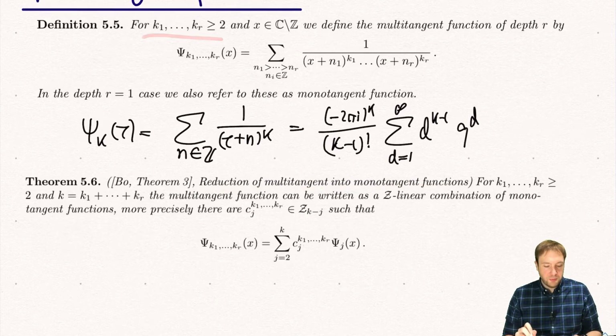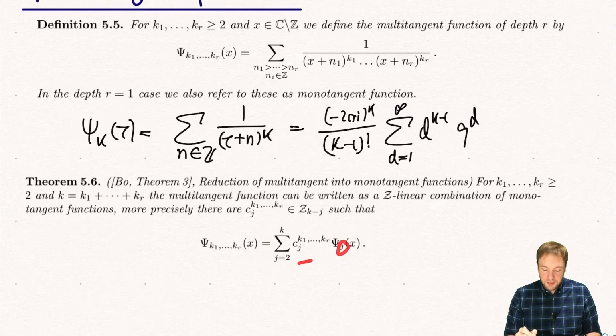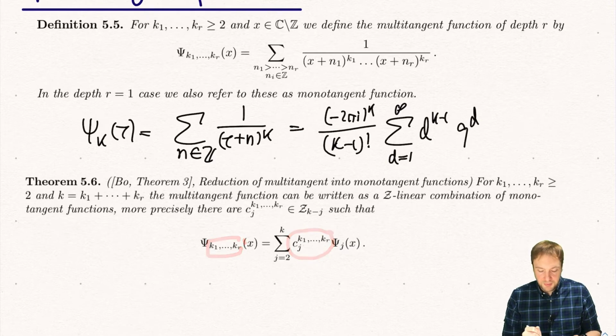In the case when k1 up to kr are greater or equal to 2, then the multitangent function psi k1 to kr can always be written as an explicit linear combination of monotangent functions. So here psi j, this is now a single j, which runs from 2 to k, where these coefficients cj, k1 to kr are given by some multiple zeta values of weight k minus j. So this is also in some sense homogeneous, because this here has weight j, and this here is a linear combination of multi-zetas of weight k minus j. And k is the sum of these k's.